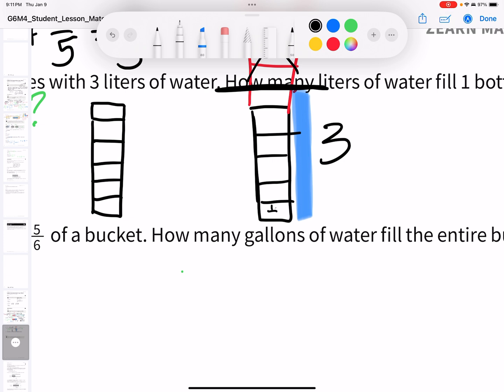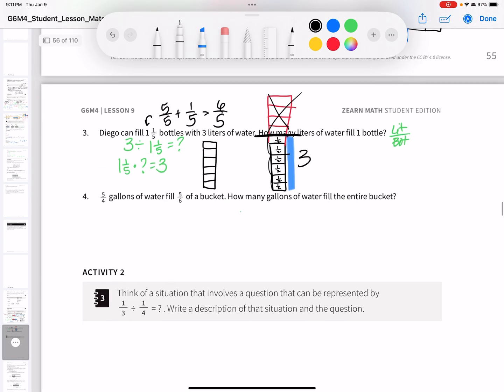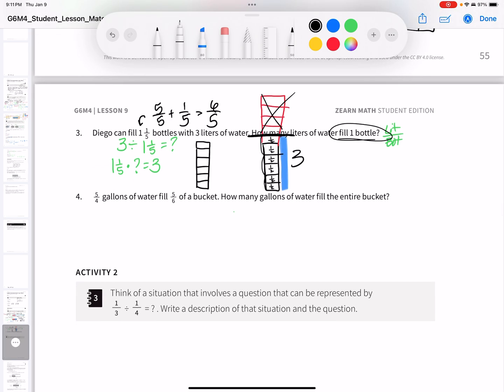So 1/2, 1/2, 1/2, 1/2, 1/2, 1/2. And if I add my halves together, that gets me 1, 2, 3, which is 3 liters. But it only asks to fill 1 water bottle.